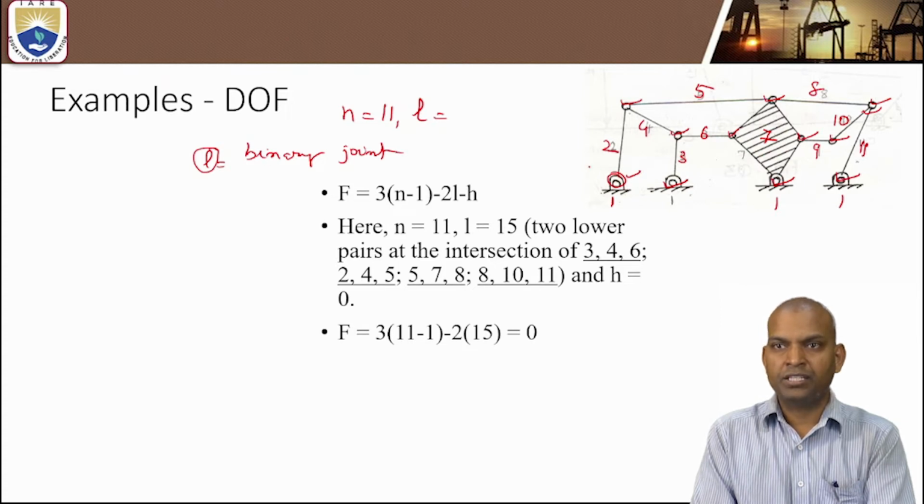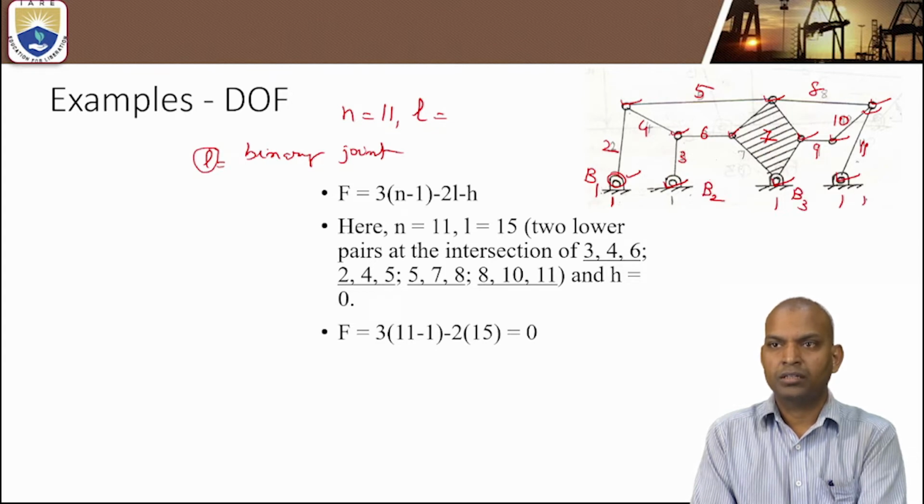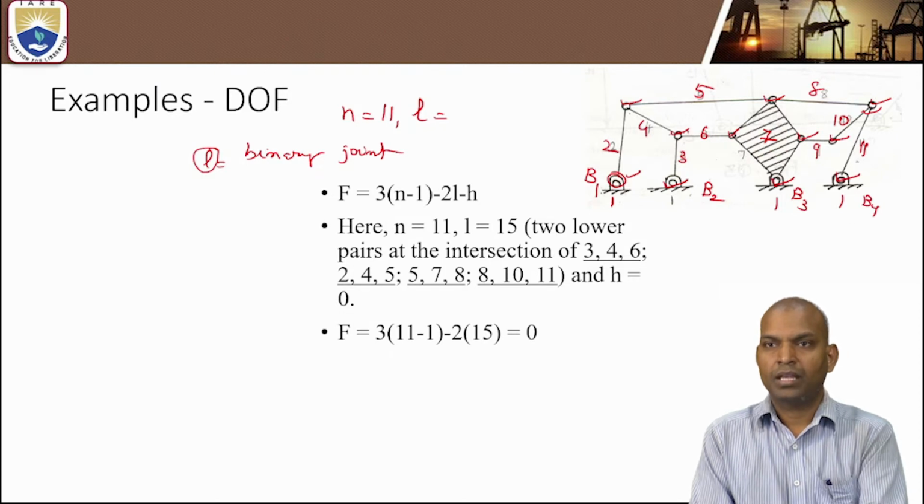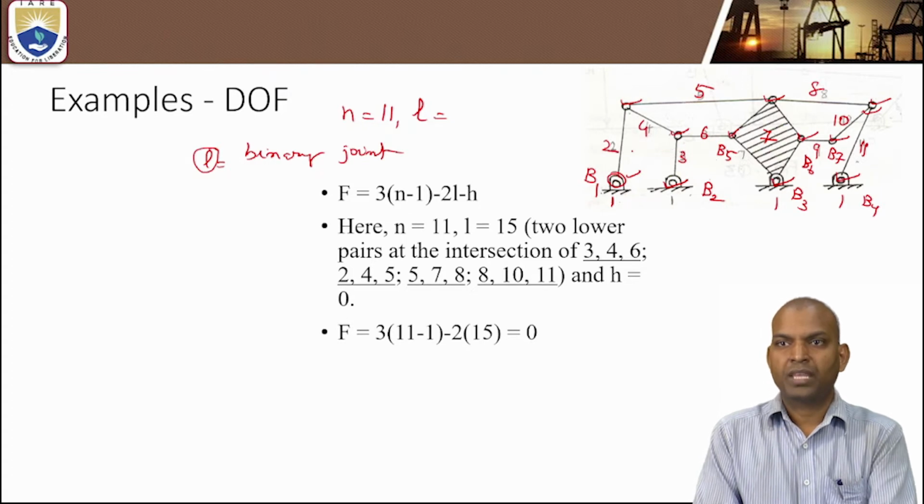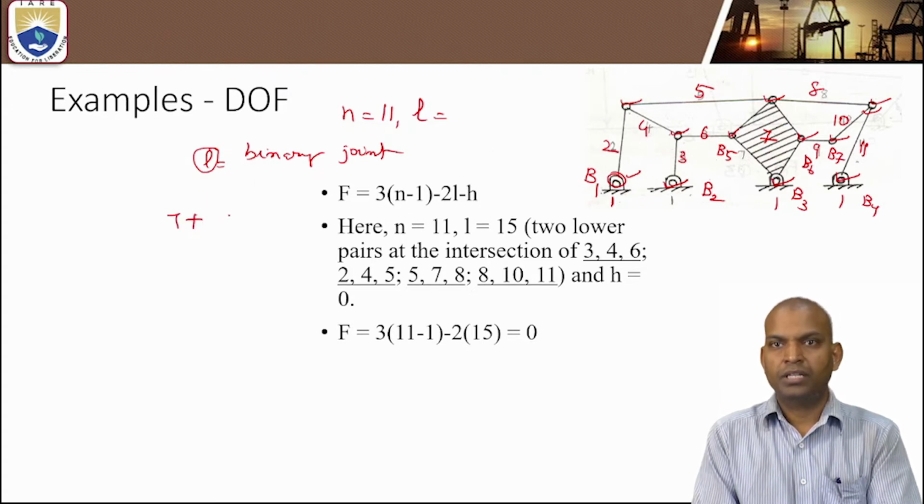The binary joints are B1, B2, B3, B4, B5, B6, B7. Okay, there are 7 binary joints.